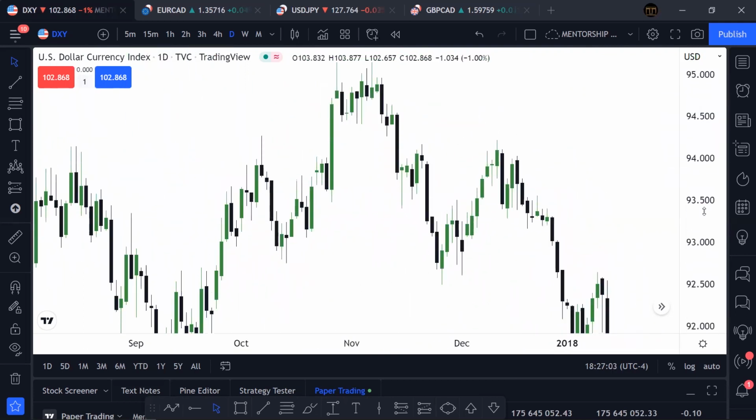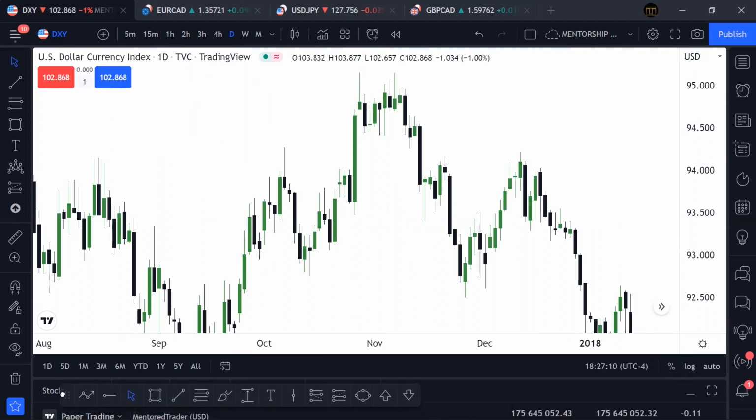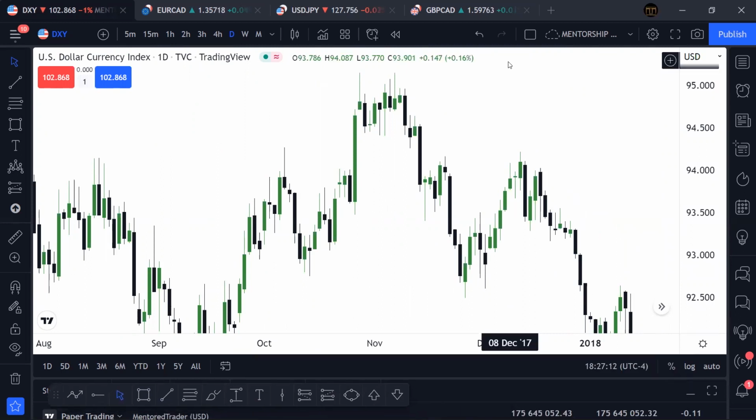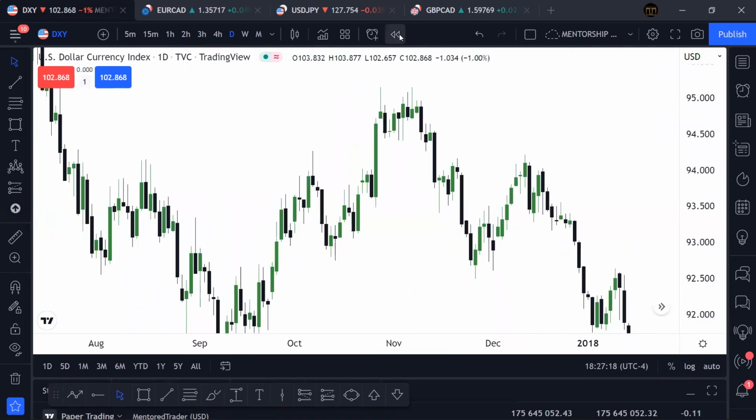As a price action trader, now I'm going to use a replay tool that TradingView gives every person that signs up using your email. They give you this option of having a replay only on daily candles and above. They don't give you a replay on a 15 minutes chart or a 5 minutes chart.